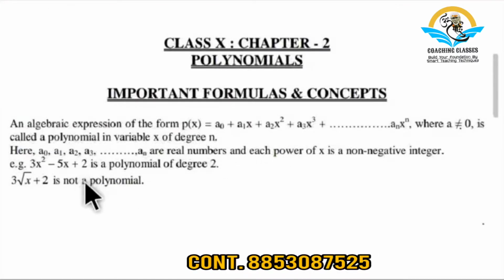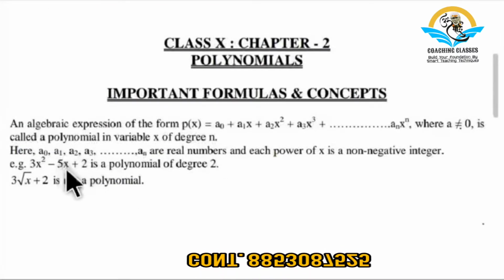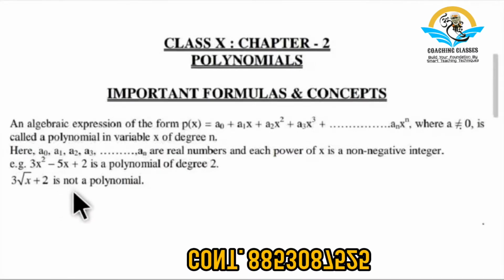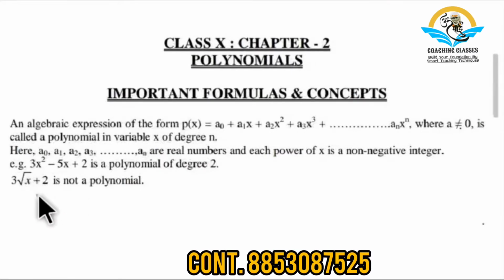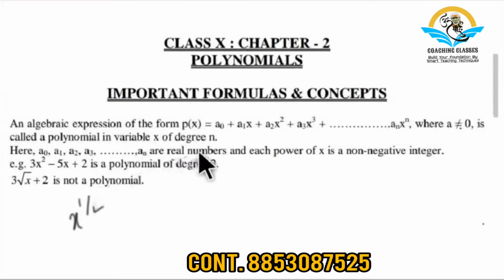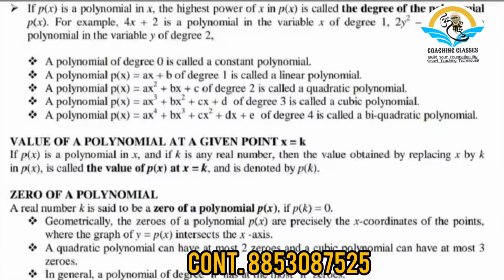Let us see by example. Here 3x square minus 5x plus 2 is a polynomial of degree 2, and this is not a polynomial because here the power of x is 1 by 2, which is not an integer.